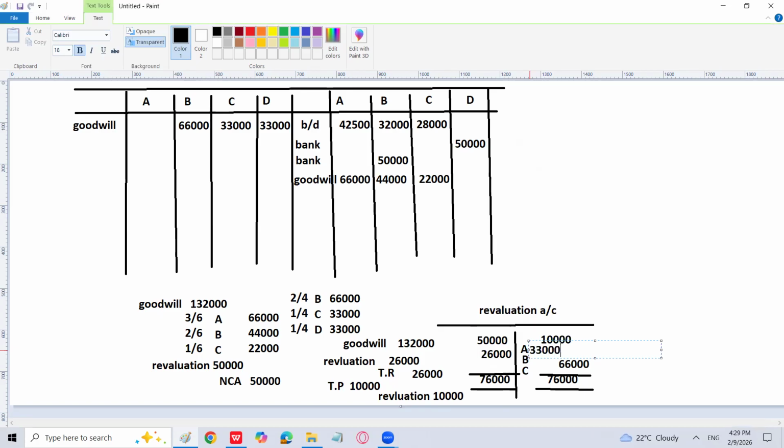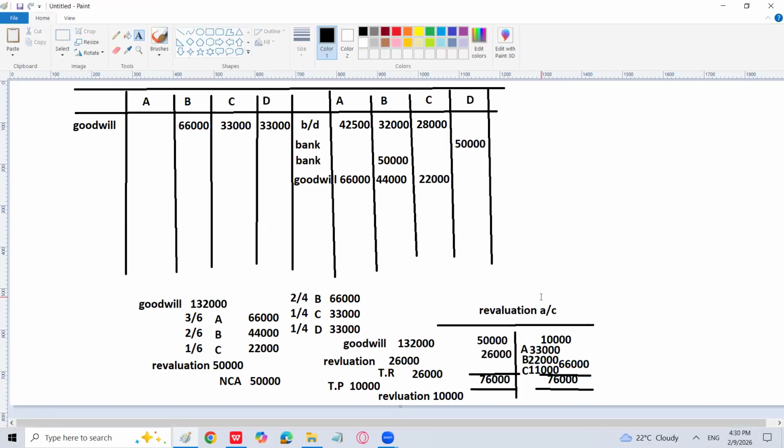3 by 6 is 33,000, right? 2 by 6 is going to be 22,000, and 1 by 6 is going to be 11,000. So we have transferred the revaluation loss to the respective partners' capital accounts. Revaluation account was not required in the question. I just prepared it for the understanding purpose.